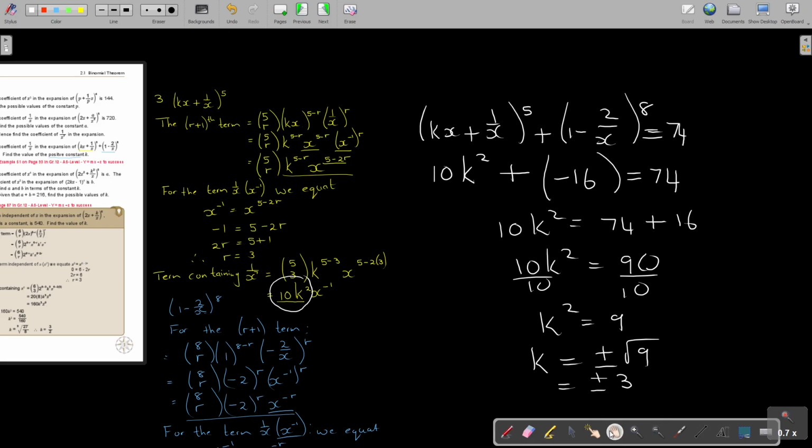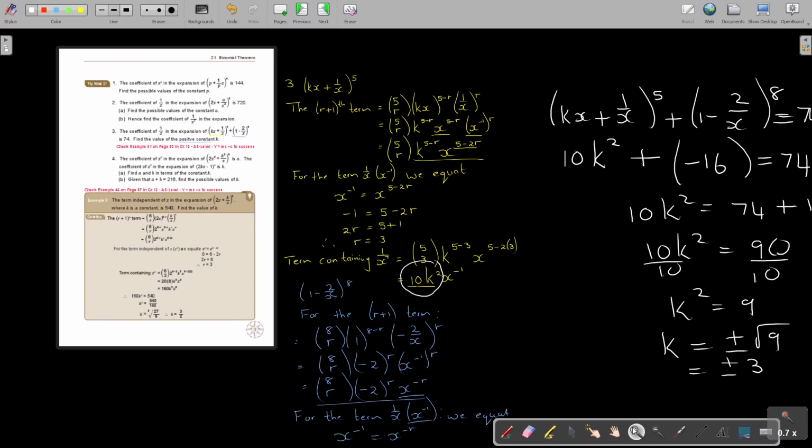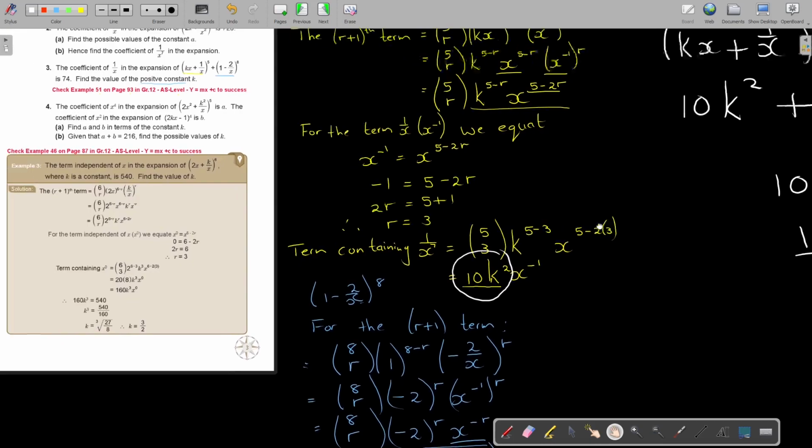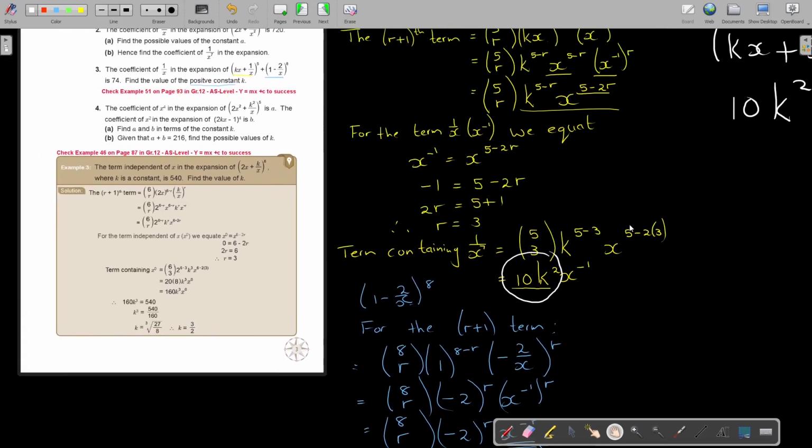But, and now this is always very important, that you read your question again. Just the question part. I'm going to make it bigger so that you see. So the question part was, and I'm here: find the value of the positive constant.